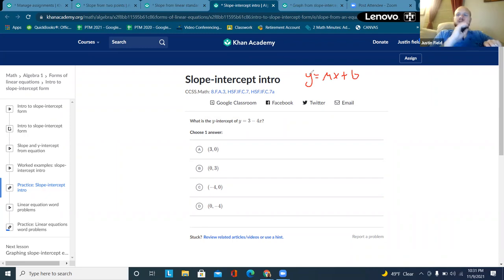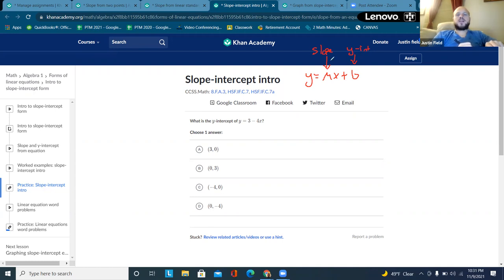This is a way that we write the equation of a line so that we know where it starts, the y-intercept, and we know how steep it is, the slope. The slope is the coefficient of x, and the constant term is the y-intercept.